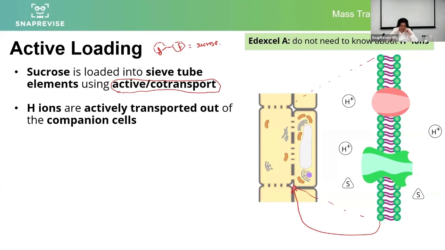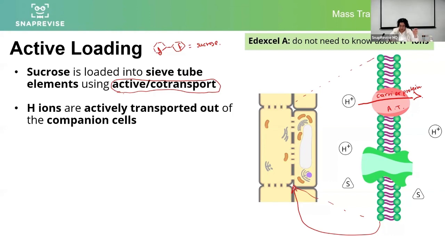Step number 1 is that hydrogen ions are actively transported out of the companion cells. Active transport. Obviously, this here is a carrier protein. Because remember, only carrier proteins, not channel proteins, are involved in active transport. Okay, fine.